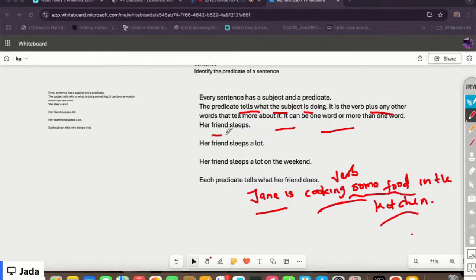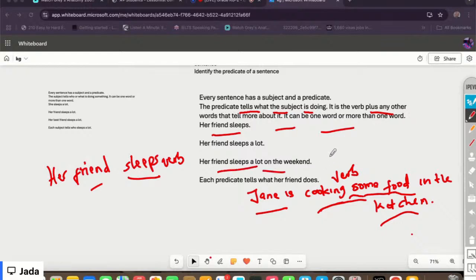So we have her friend sleeps. Okay, what is the friend doing here? The friend is sleeping, so sleeps here is the verb. And then we also have her friend sleeps a lot on the weekend.